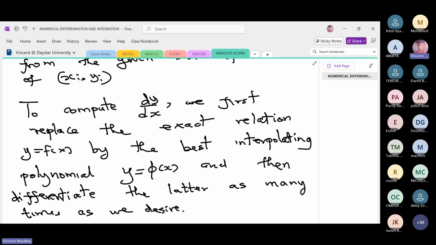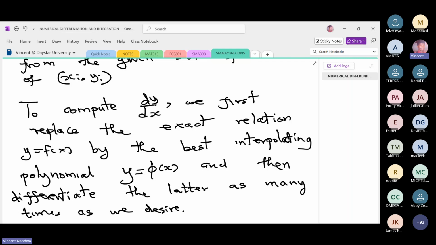Any example of an interpolating formula that you remember? Newton's backward formula. Correct. Any other? Apart from backward, if you have backward, then you also have forward.